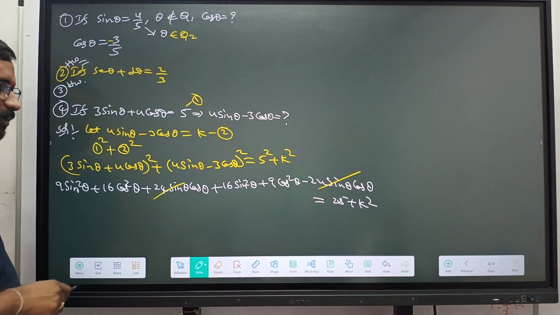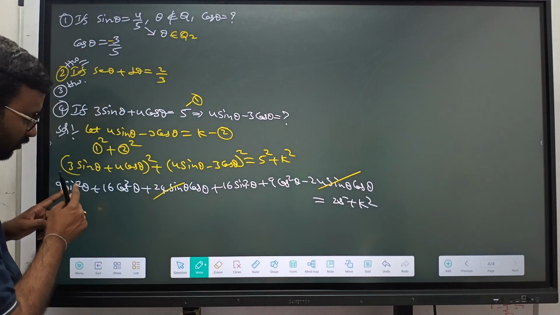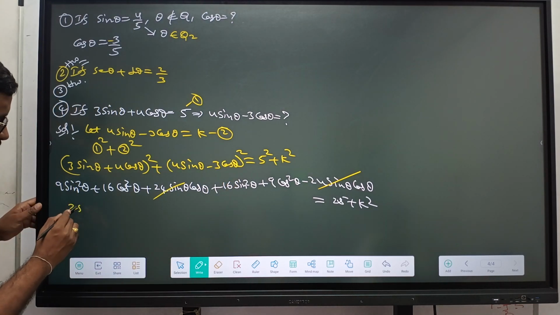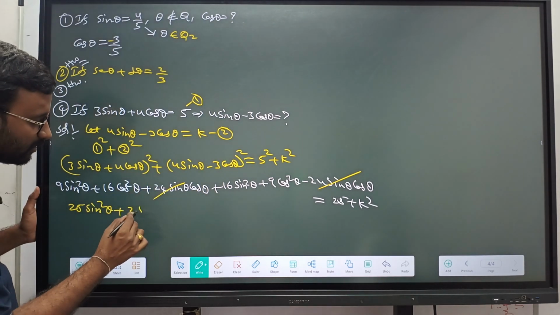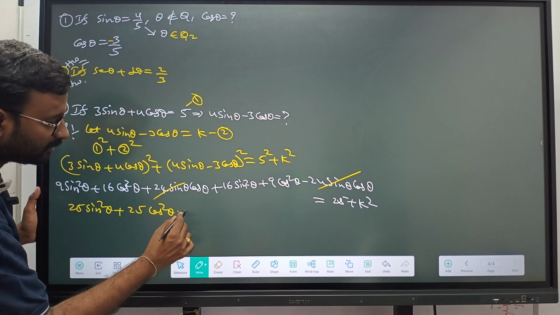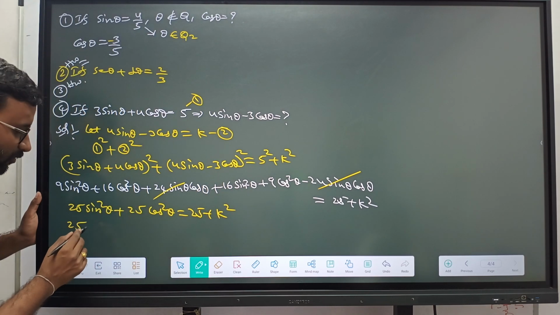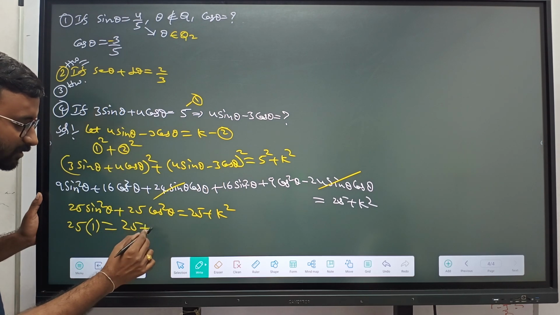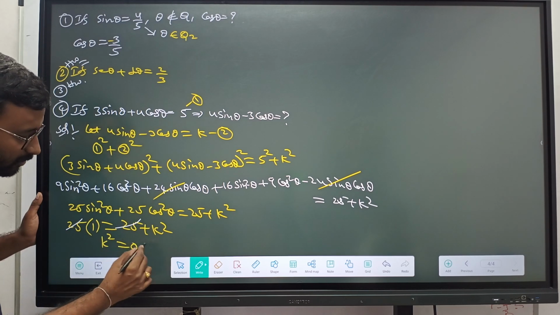These two will get cancelled. Now we can take 9 sin square theta, 16 sin square theta, how much? 25 sin square theta. Again 16 cos square theta, 9 cos square theta, 25 cos square theta is equal to 25 plus k square. Taking what common? 25, sin square theta plus cos square theta is 1. That is 25 plus k square. 25, 25 cancel. K square is equal to 0.